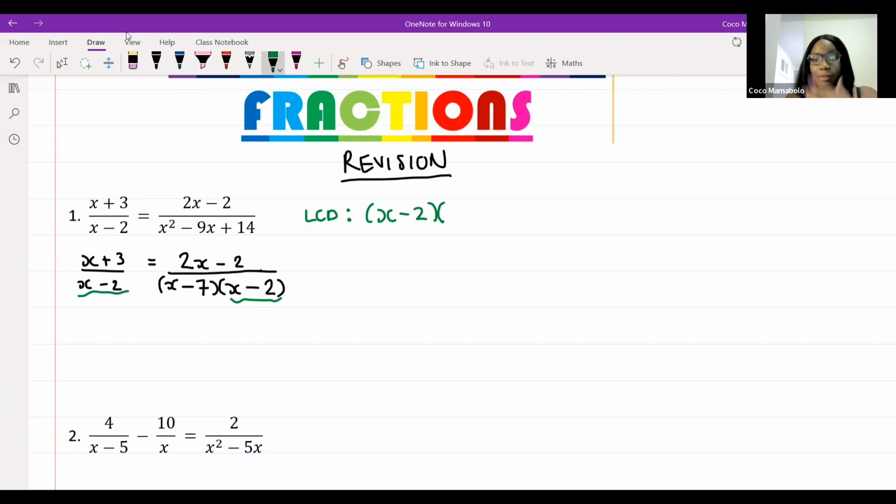What's the other part of my LCD? I've already got the, Shaden almost said common, not common brackets. Well, you could say it's a common bracket. I've got the x minus 2 already. What part of my LCD is missing? Yes, Namaza.